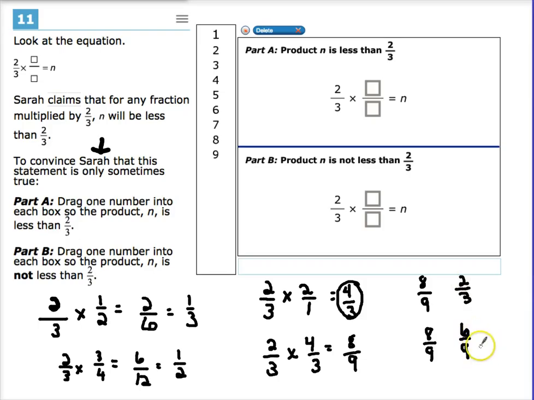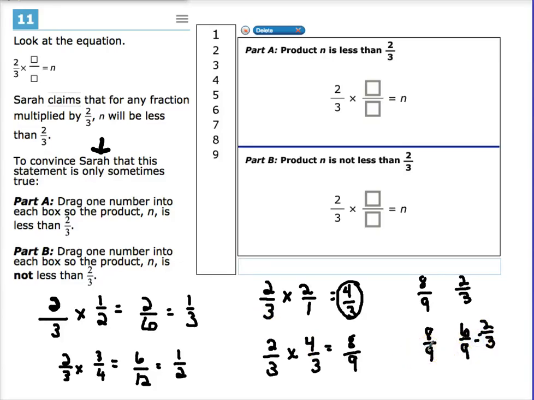6/9 is not lowest terms. 6/9 is going to give me 2/3, which is not less than 2/3.